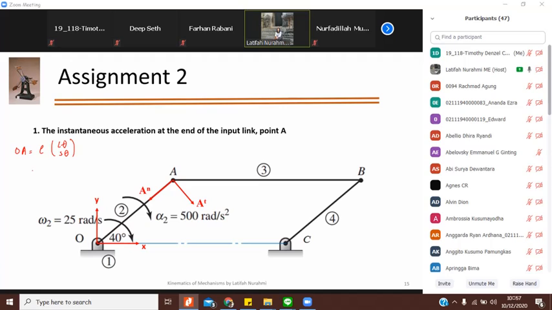So you get VA, which is L minus sine theta, cos theta, theta dot. Then you have A at point A. You have L theta double dot, minus, don't forget to put minus, cos theta, sine theta, plus L theta dot square, theta double dot, minus sine theta, cos theta.